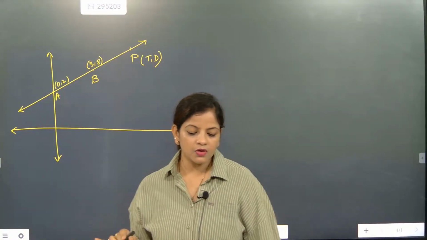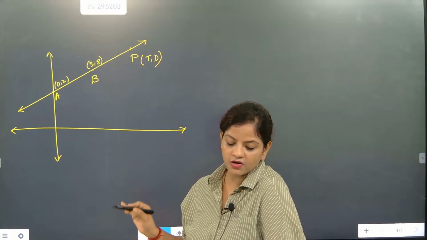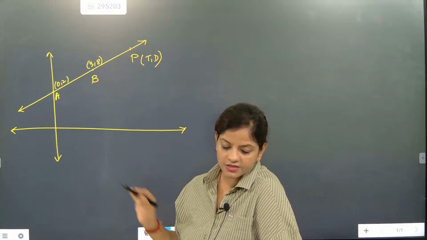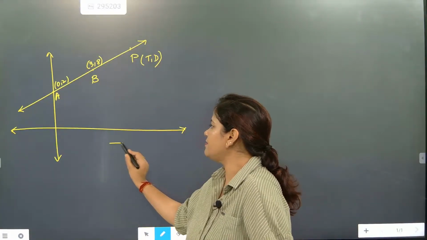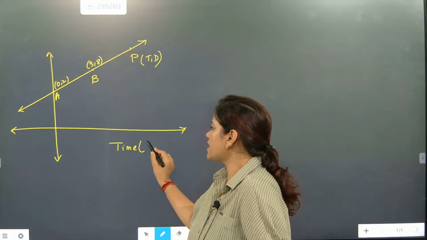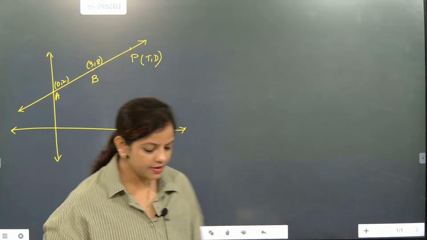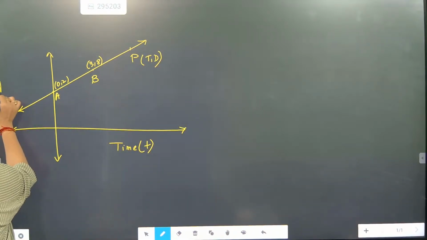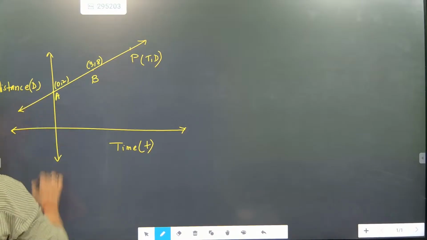Now, two positions of the time and distance are recorded. So this is the drawing, and based on this drawing, this is time t, and that part is considered as distance d.